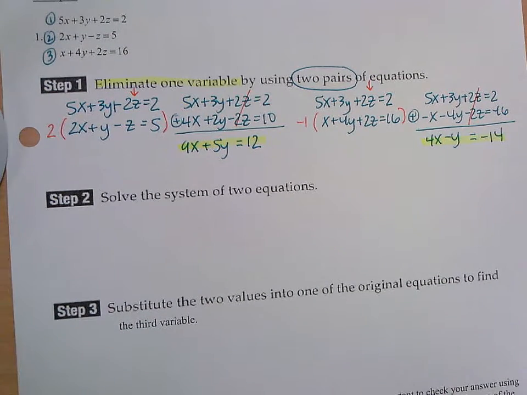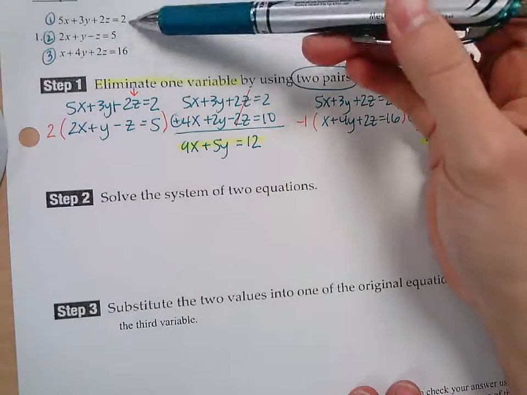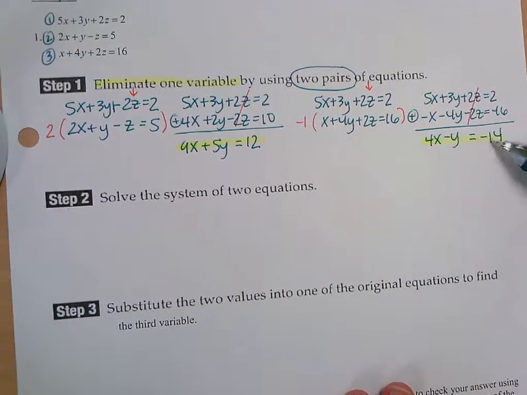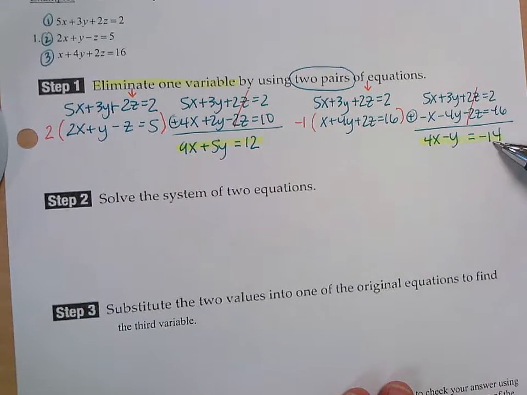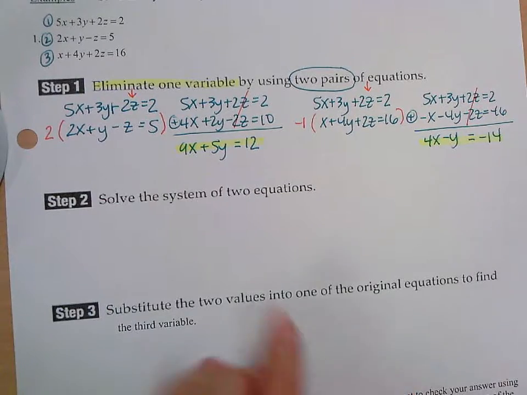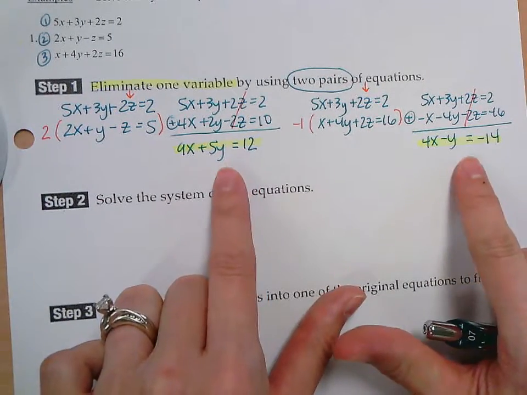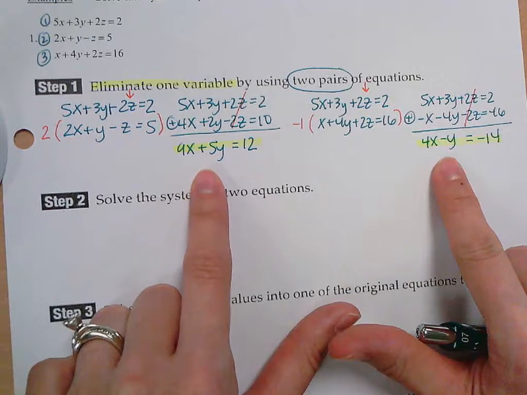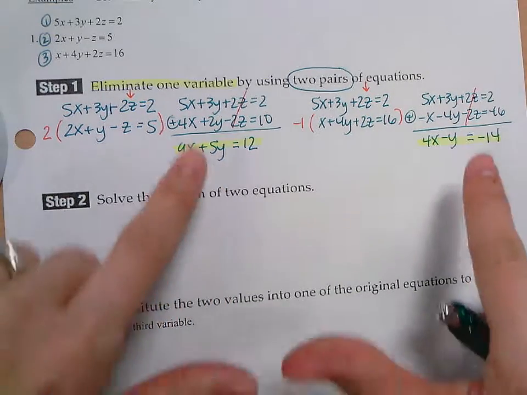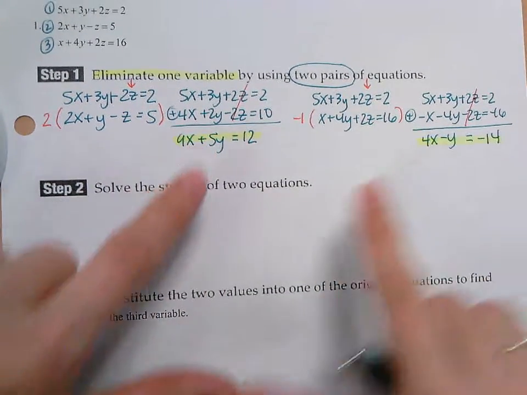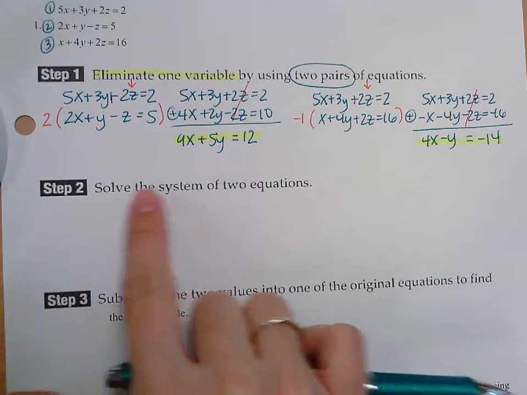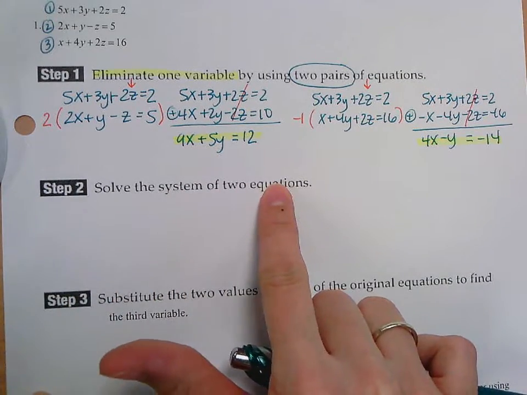So that means, again, planes 1 and 3 also intersected to form a line, and this is the line they formed. Okay, so now you have two equations that have the same two variables. And now these equations you put together in step 2, and it says solve the system of two equations.